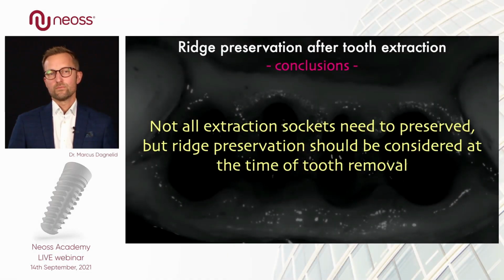And of course, not all extraction sockets need to be preserved. But I think that it's very important for you as a clinician to remember, you should consider ridge preservation in every instance that you're removing a tooth in the patient's mouth. Because you never know what type of treatment you're going to do. You're going to do fixed partial denture, removable denture, implant treatment.